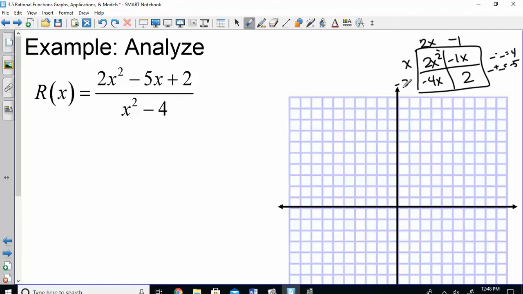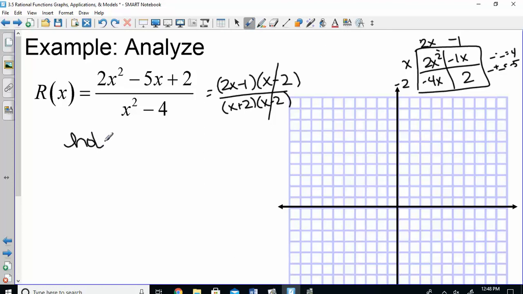So we get 2x minus 1 and x minus 2. What about x squared minus 4? Then what's going to happen? Those x minus 2's cancel, which means there is a hole in the graph.